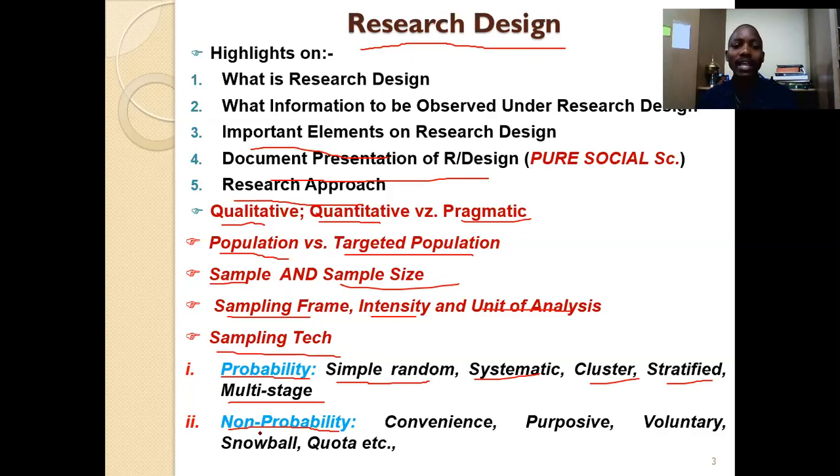So under non-probability sampling, whether you use convenience sampling, purposive sampling, voluntary sampling, snowball sampling, or quota sampling, these are some of the sampling techniques that a researcher should use, either one or two of them, depending on the nature of the study.